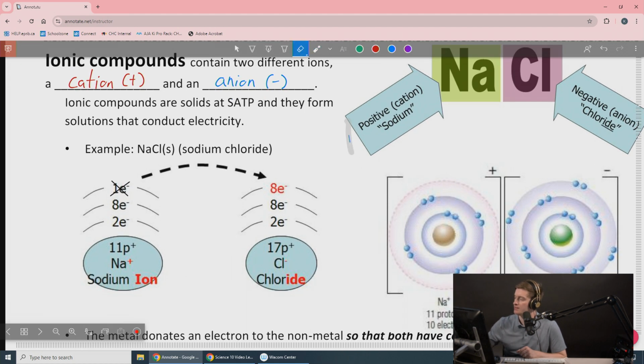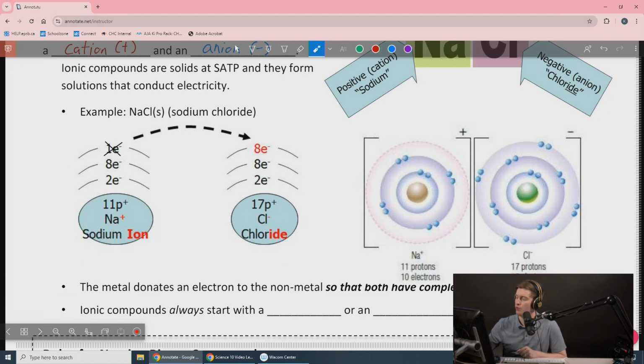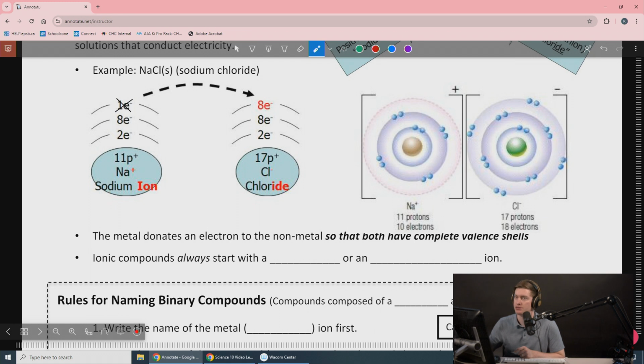Remember that ionic compounds form, or ions in general form, because all atoms want to have complete valence shells. A complete valence shell means that it is full of electrons. If you look here, this is the Bohr diagram for a sodium atom. It's got 2 electrons in the first energy shell, 8 in the second, and 1 in the third.